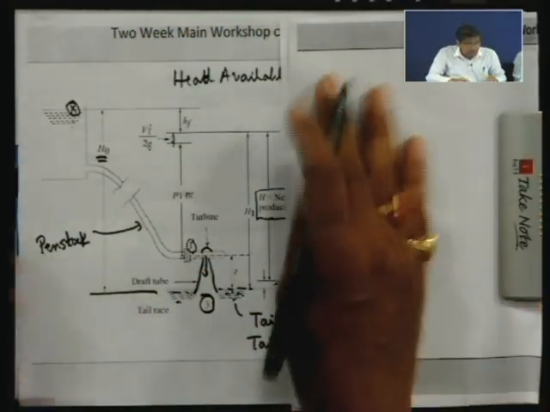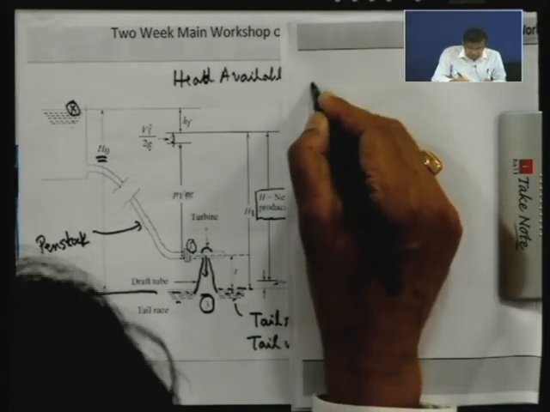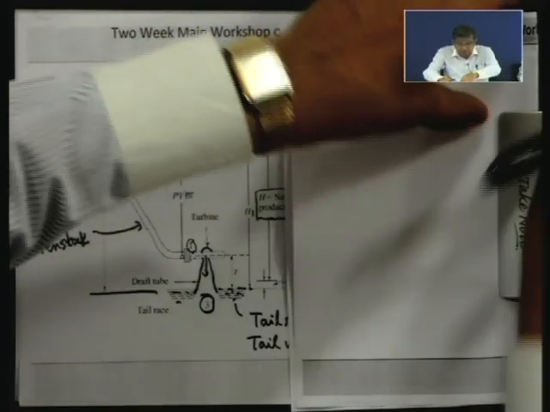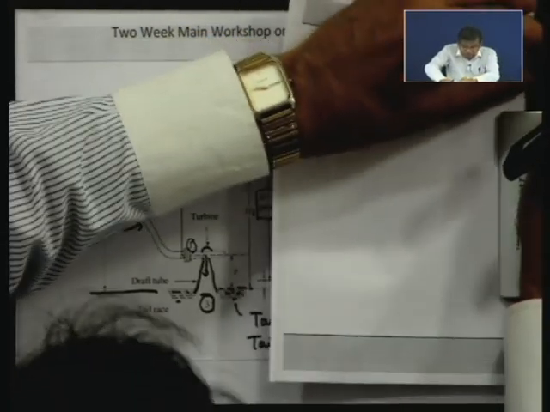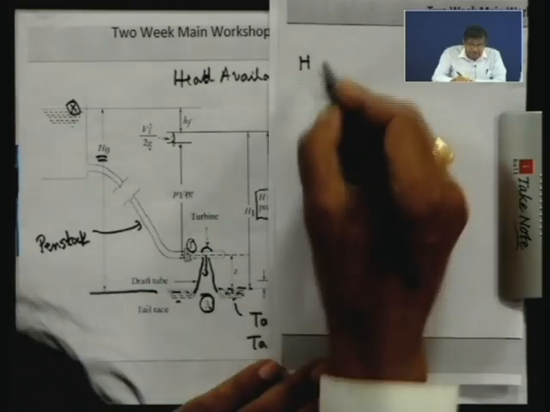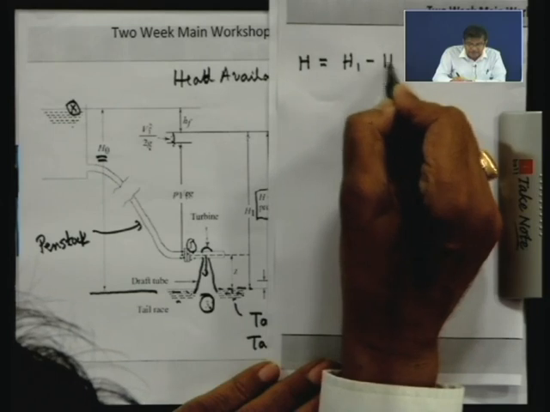Now, you can see that H is the net head producing the work. So, net head producing the work is head here minus head here, that is H1 minus H3.